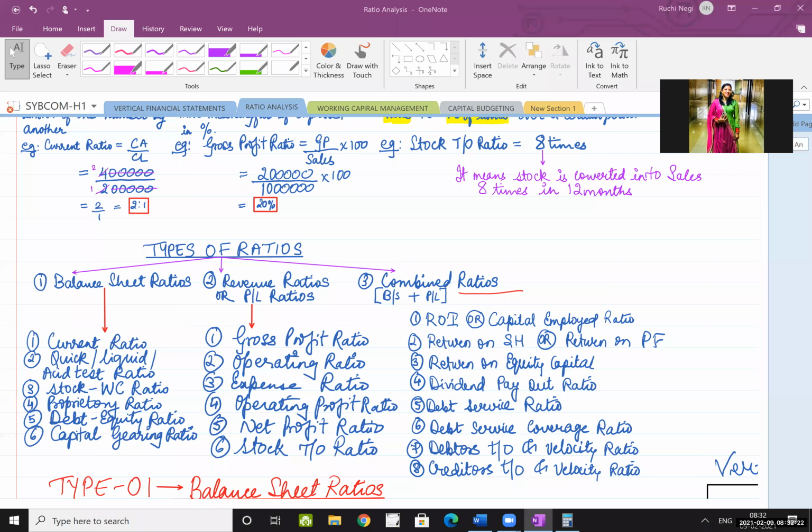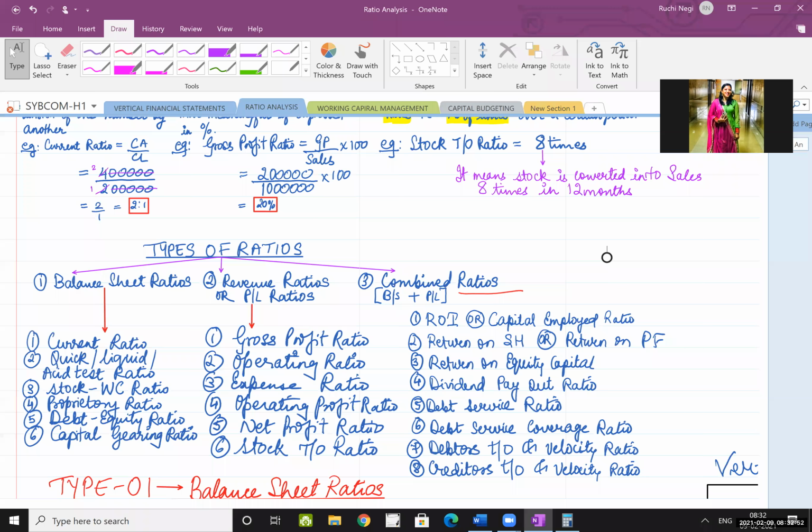Okay. Just write down the names of the ratios. Balance sheet ratios, where you will be studying current ratio. Then we will be studying quick ratio. See, all this we have studied in vertical financial statements. What is current assets, quick assets? Working capital, proprietor funds? Yes, we have already done all this. Now we will study its ratios.